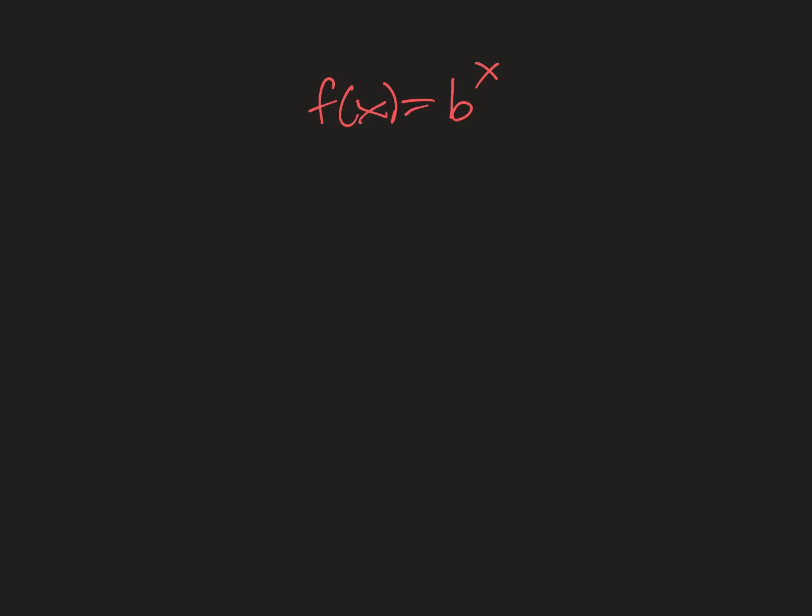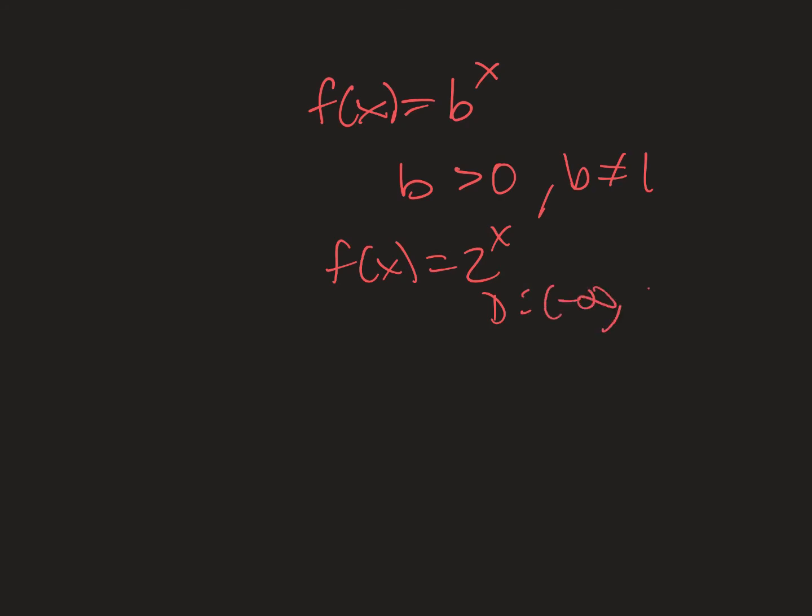And remember, to be exponential, b has to be greater than 0, and it cannot be 1. And the domain of a basic exponential function, say we were thinking f of x equals 2 to the x, there's no restriction on what I can put in for x in this particular case.